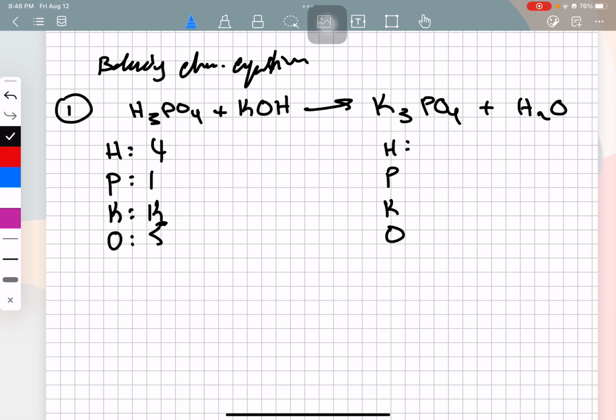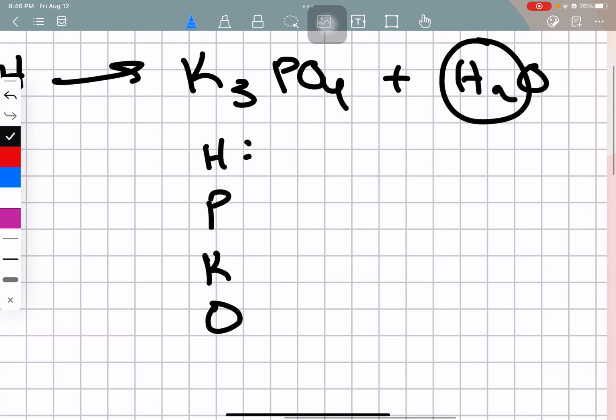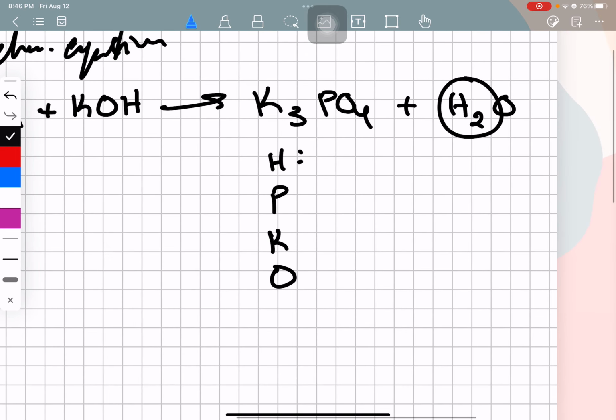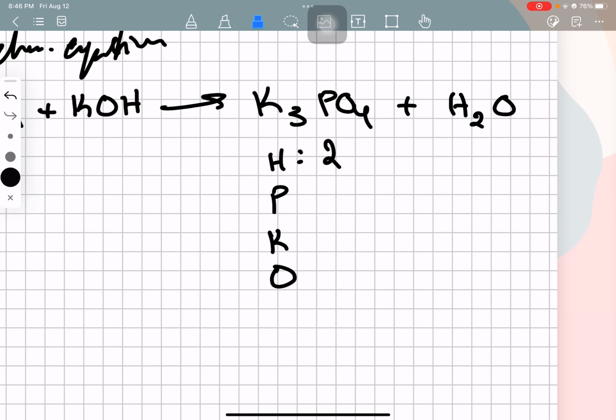Now on the other side, let's see. So we have your H, how many? Here, you see it's beside, so we have here a 2. That is beside the H, so that's 2. Okay, so I'm just looking at this side right now. So how many P? Well, P is just 1. You can see right here. So that's 1.